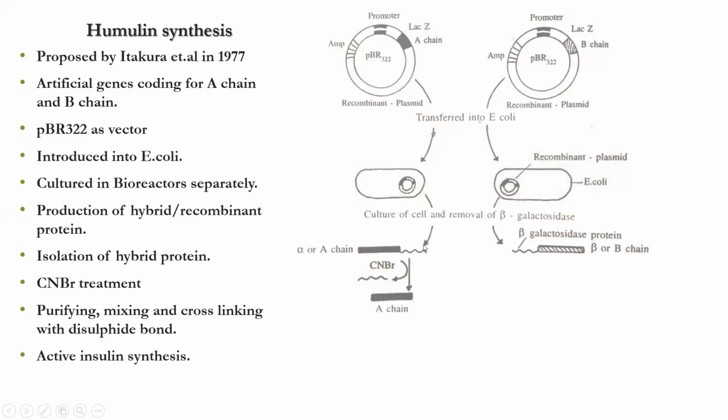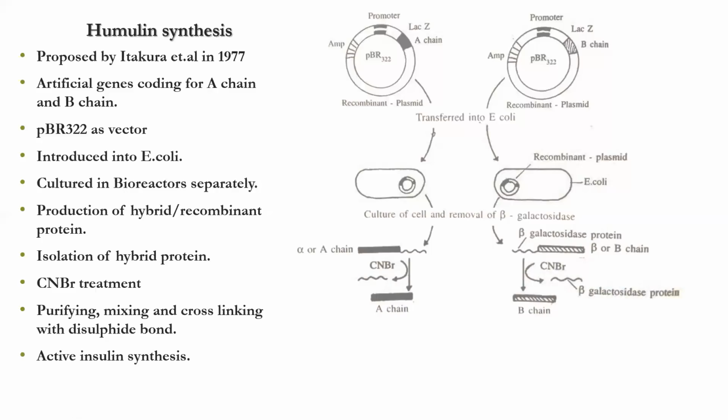The beta galactosidase protein is removed from it. And in the other case, the cyanogen bromide treatment causes the removal of beta galactosidase, and the resulting product is only the B chain. So we will get the A chain from one bioreactor and the B chain from another bioreactor.